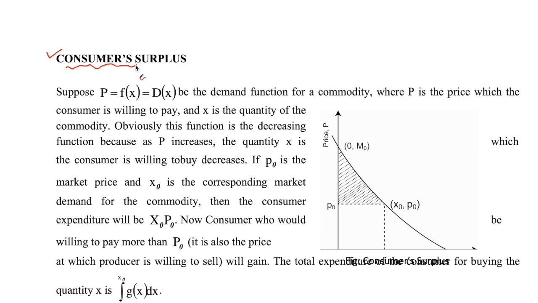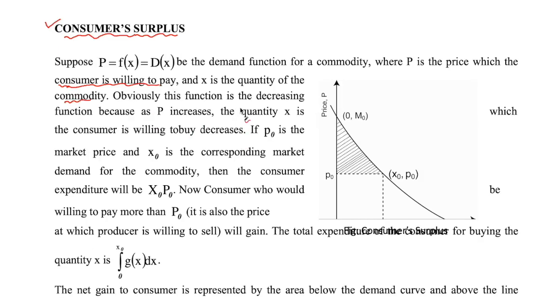Consumer surplus is the difference between what the consumer is willing to pay and the market price. Suppose you want to buy 1 kg of onion from the market, and the price you are willing to pay is, let's say, taka 50. But actually when you go to the market, you see the price is taka 45 for 1 kg of onion.